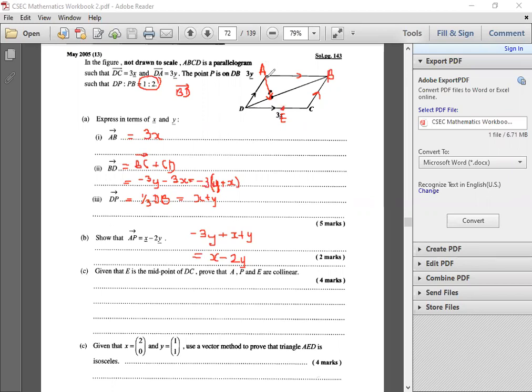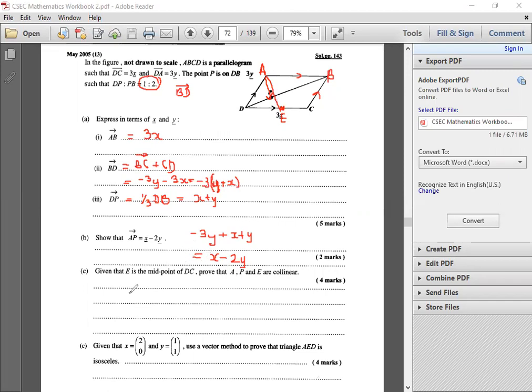So what we want to find for this, we already know what AP is. So what we need to find is AE. What is AE? The line AE.